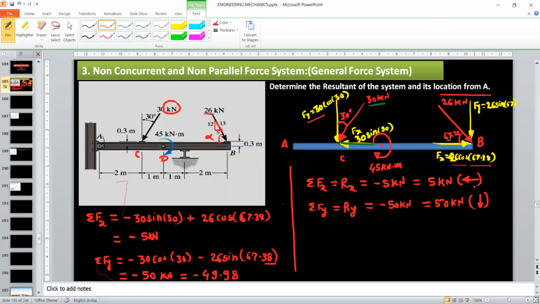Why are these two directions important? From these two directions, we can decide the quadrant of the result, whether it is the first, second, third, or fourth quadrant. In which quadrant will we get the resultant?